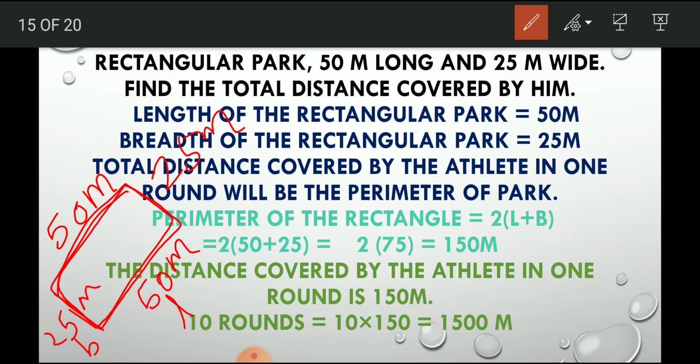First we multiply the non-zero terms, that is 1 and 15. 1 15s are 15, and there are 2 zeros, so the answer is 1500 meter. If we want to change into kilometer, we just divide by 1000, that is 1.5 kilometer.